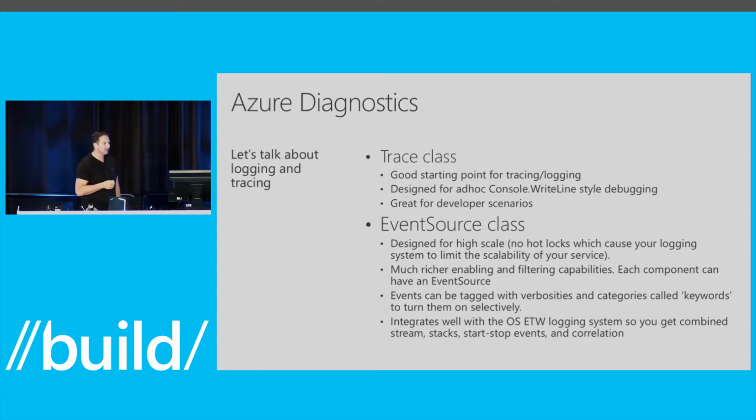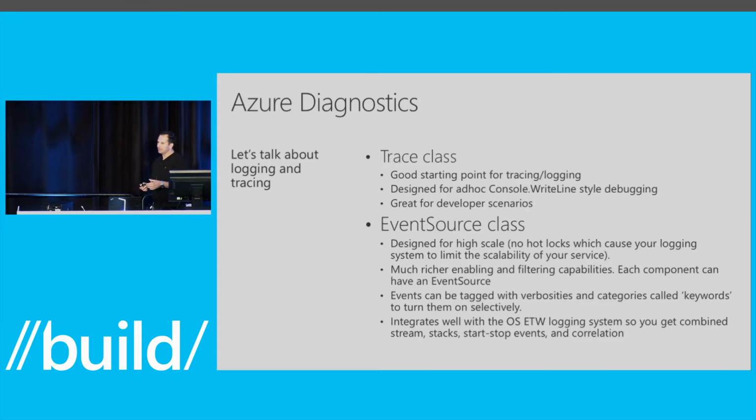ETW event source is not only a good way to implement structured logging, but it's also really designed for high scale. Anything that runs, like what Scott Guthrie was mentioning this morning, Service Fabric, our hyperscale framework, uses ETW to pump out those events. So that goes a long way. We advise pretty much everyone to switch to ETW event source, and I'll give you an example why.